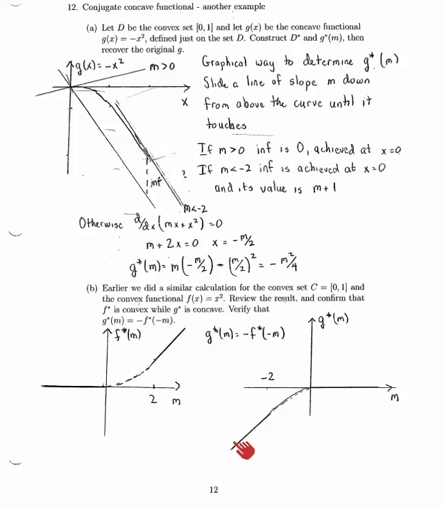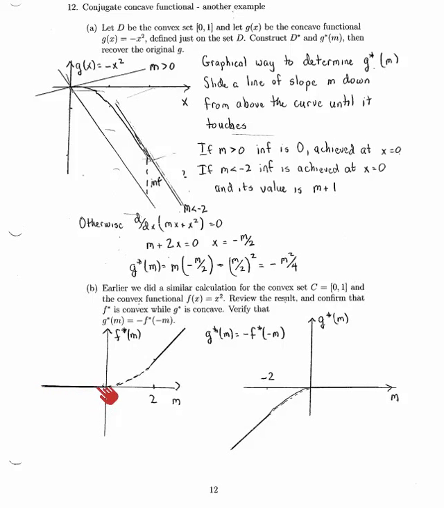If I plot this g star, it is a function whose graph is a straight line up to m equals minus 2. Then it's a parabola, and then it flattens off. Here, by way of comparison, is the f star we computed previously.